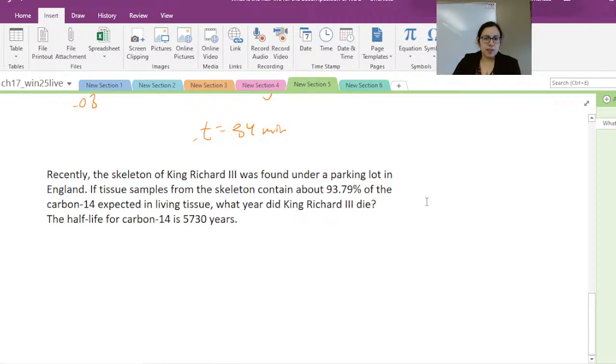So the skeleton of Richard III was found under a parking lot in England. And the tissue samples collected from the skeleton contain 93.79% of the carbon-14 expected in living tissue. When did King Richard die?